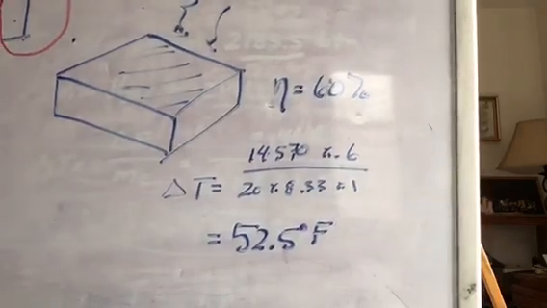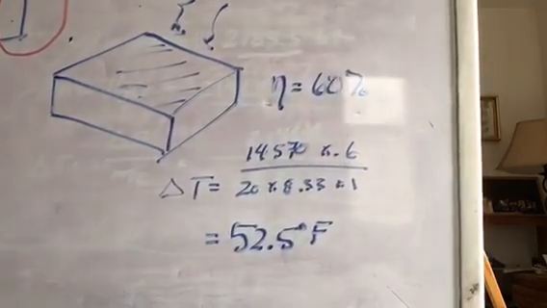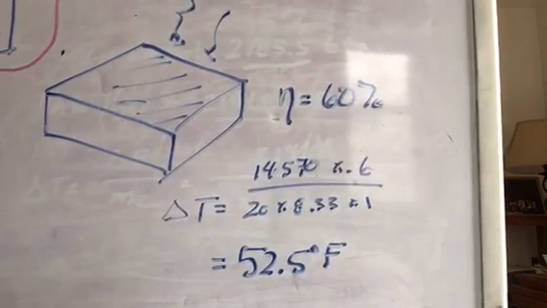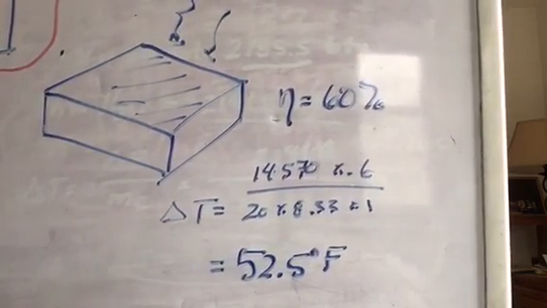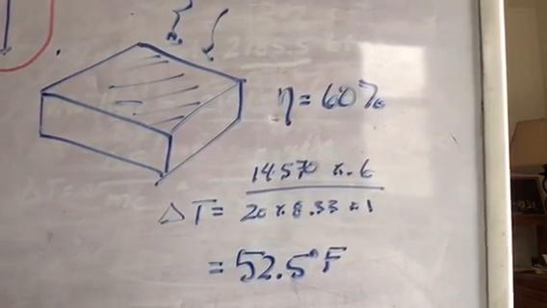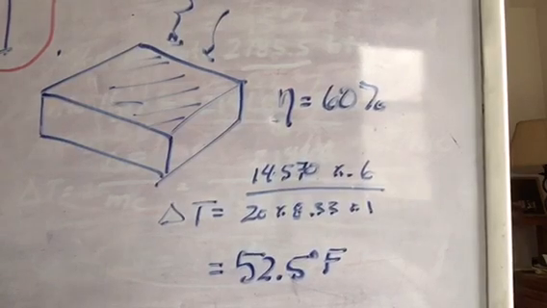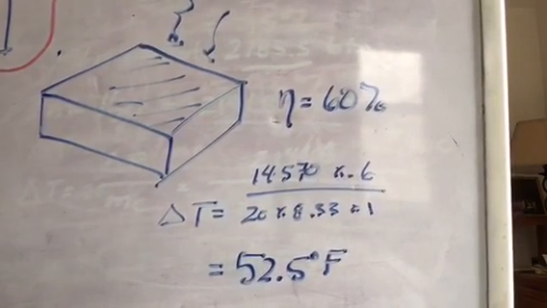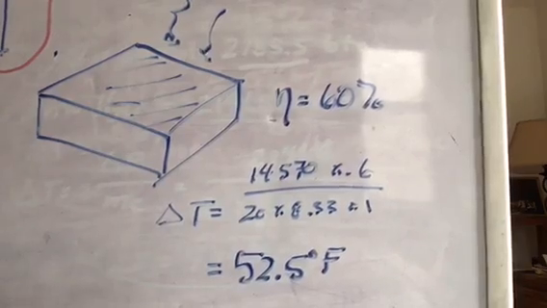And then if you add 60 to that, I get a water temperature of 112.5. Well, 112.5 is actually slightly warmer than you would like for showering or bathing. So that's not bad at all. And it's also a pretty good temperature, maybe a little bit warm for hand washing, but not bad for doing the dishes.